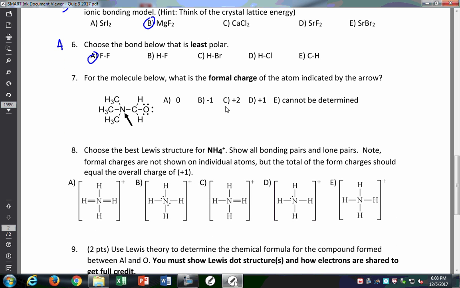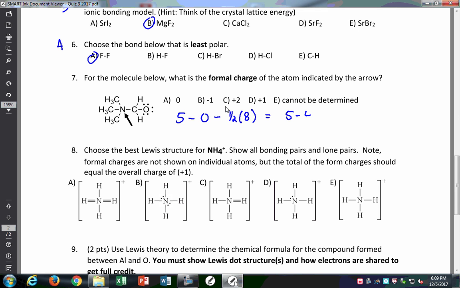Okay, here, what's our formal charge? It should have 5. It has 0 lone pairs. And it has 1/2 of 8 electrons. There's a total of 4 bonds, so that's 8 electrons.